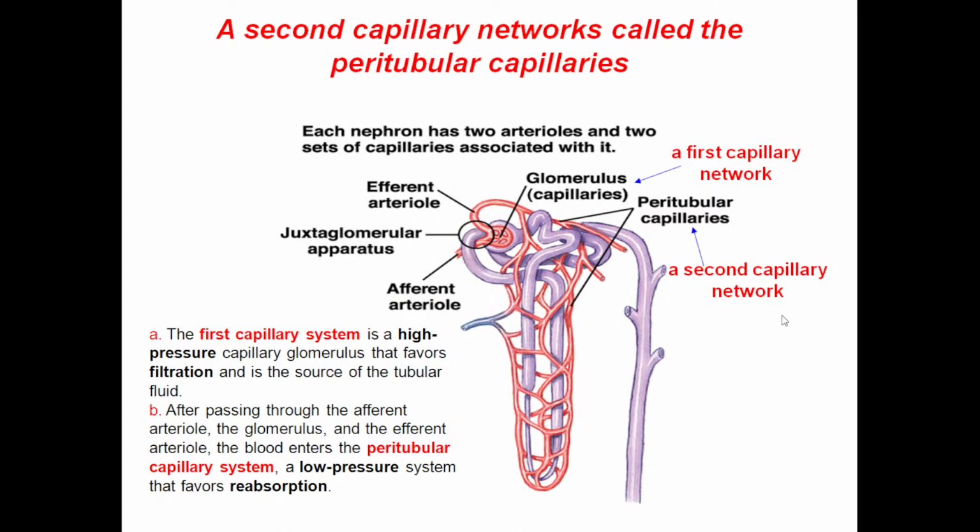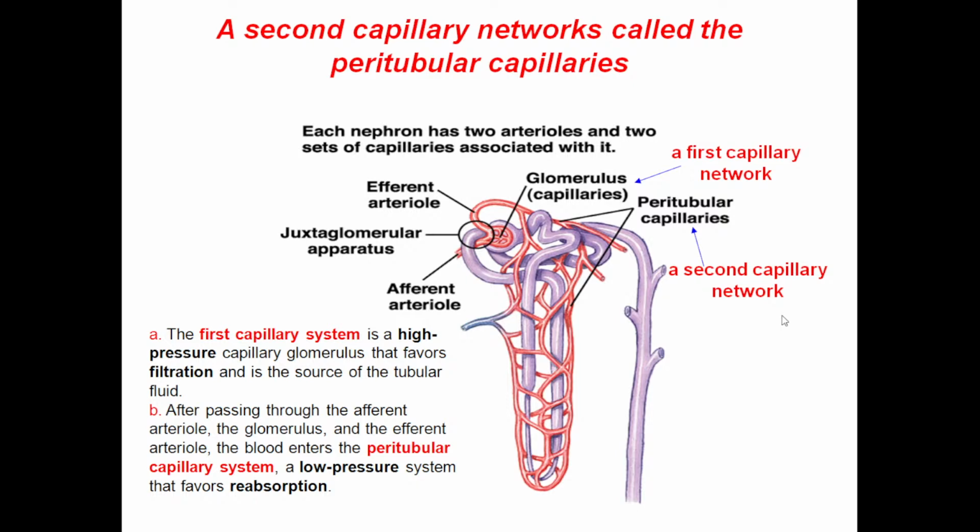So let's take a closer look at the secondary capillary network. One example is the peritubular capillaries. The peritubular capillary bed receives water and solutes reabsorbed from the nephron, and it is supplied from the efferent arterioles and is in series with the glomerular capillaries.